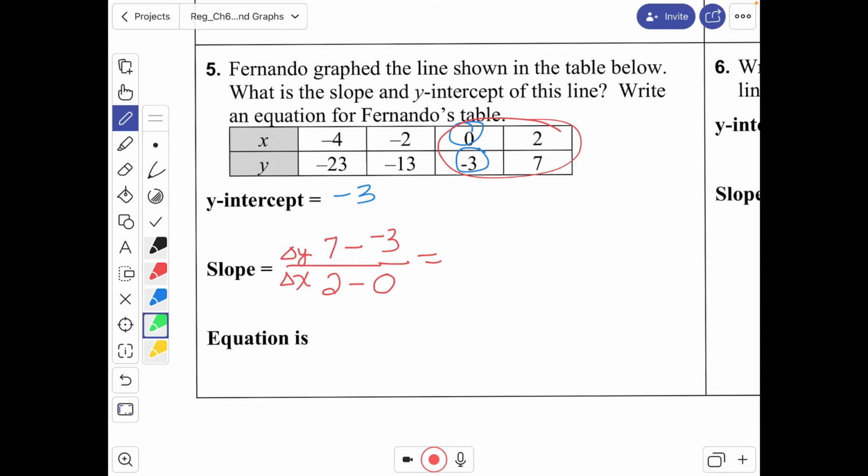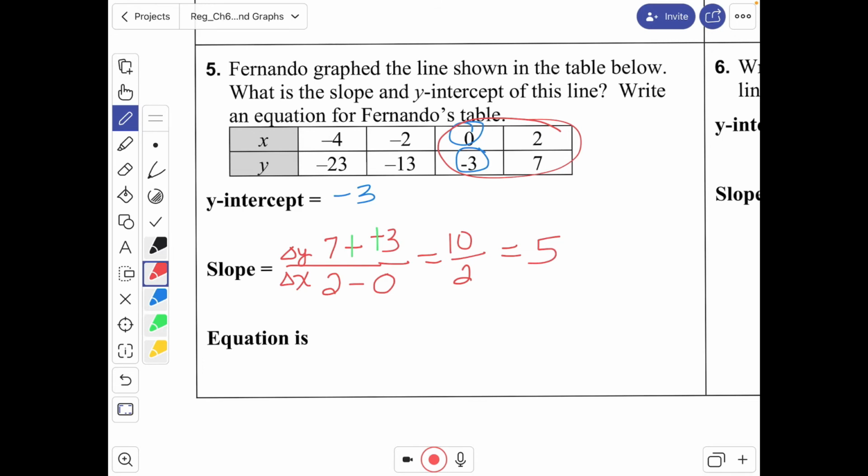And then we have to remember those rules for integers. Keep, change, change. And 7 plus 3 makes 10. And 2 minus 0 would be just 2. 10 divided by 2 makes 5, so the slope is 5.